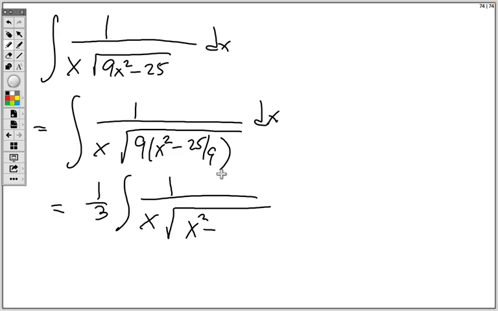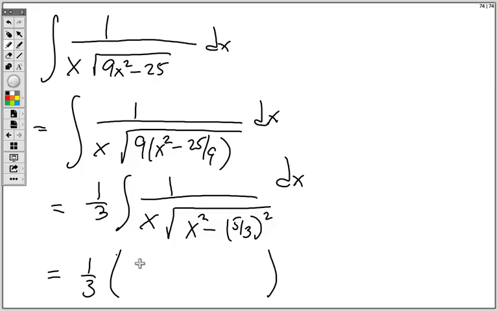And we can rewrite the 25/9 as a 5/3 squared. So I get myself the 1/3. Now for the inverse secant formula, I'm going to have a 1 over the 5/3. So 3/5 again times the inverse secant of the absolute value of x divided by the 5/3.